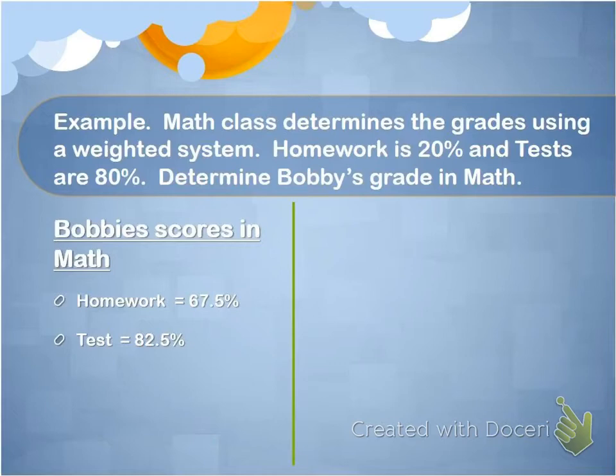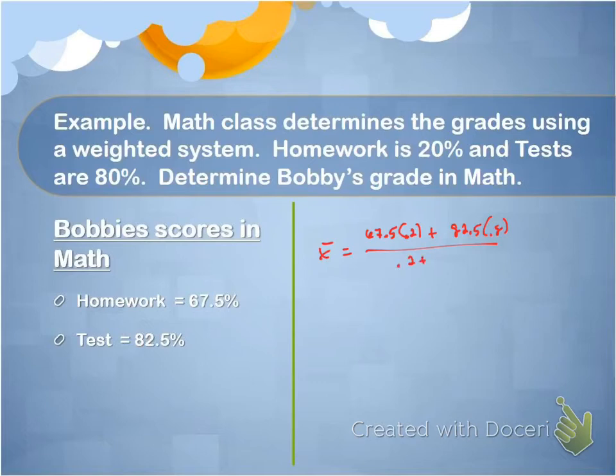So now that we have those percentages, we got to get into our weighted mean formula. So we got to take each data point, which is each percentage, 67.5, multiply by its weight, homework is 20%, and then add those 2 products, 82.5 times 0.8, and then we got to divide it by the total amount of weight.